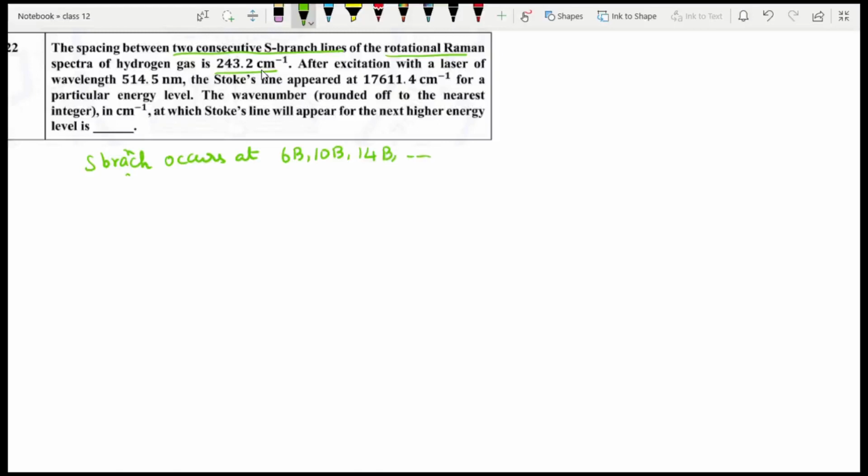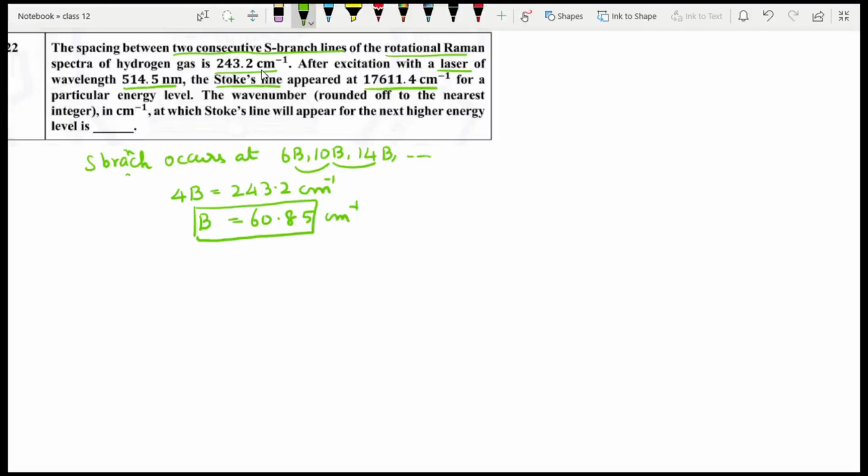So the spacing between two successive lines will be 4B. That is given in the question as 243.2 cm⁻¹. So from this we can calculate the value of B. B is 60.85 cm⁻¹.